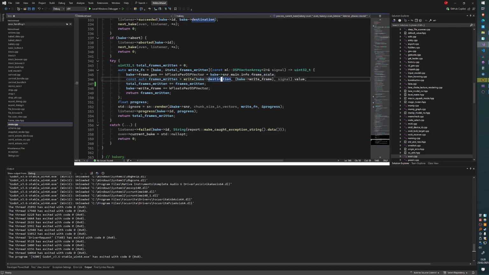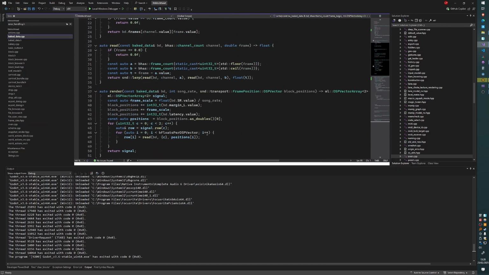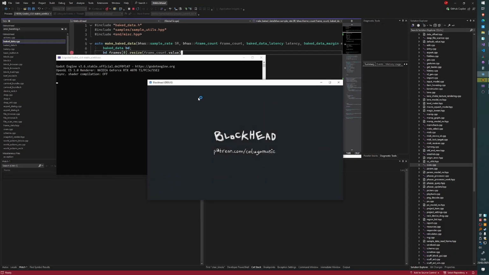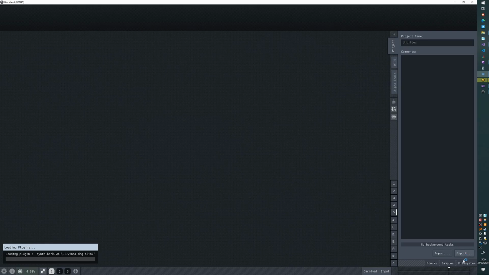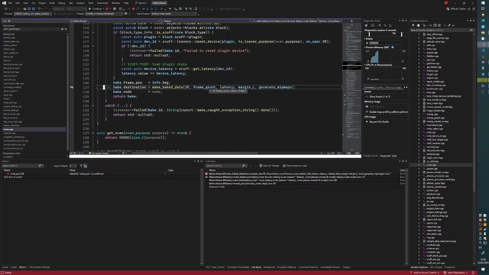Okay, I just need to think about the point where this baked data is created and how many frames we're allocating, and see if there's any error there. So it should happen here at some point. So creating frame count. Oh, this comes from these snapshots. Okay.